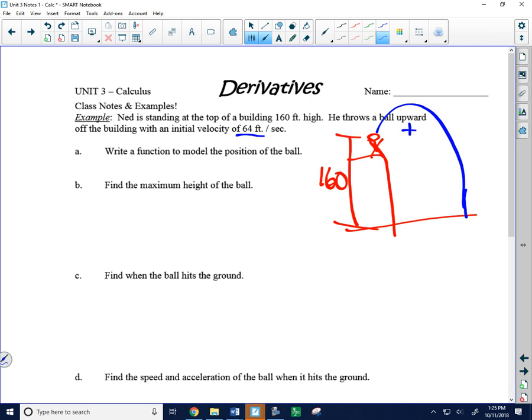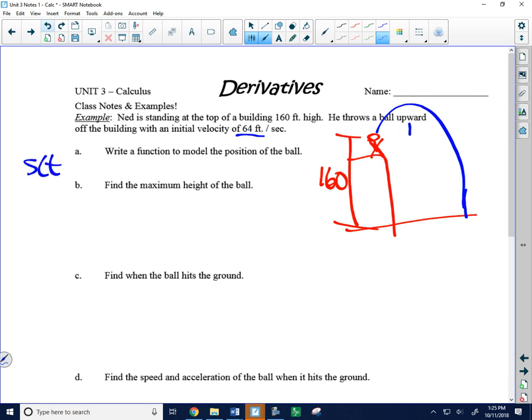If it had said he throws the ball downward with an initial velocity, then it would have been negative. It won't tell you negative 64, but it would be. And if he had dropped the ball, the initial velocity would be 0. They wouldn't tell you that either. They just say he dropped the ball. Well, you should know the initial velocity is 0.